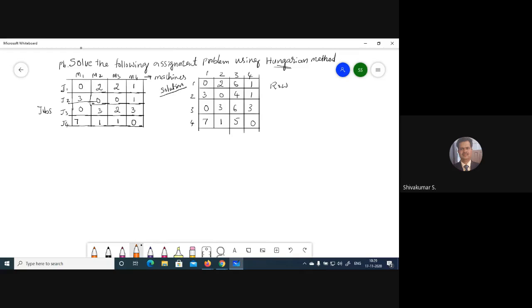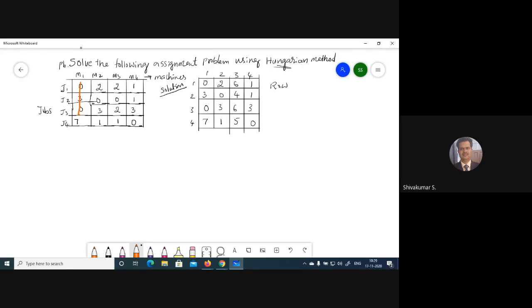Suppose here, by drawing a vertical line, you can cover two zeros. So I'm going to draw one line here, covering two zeros.